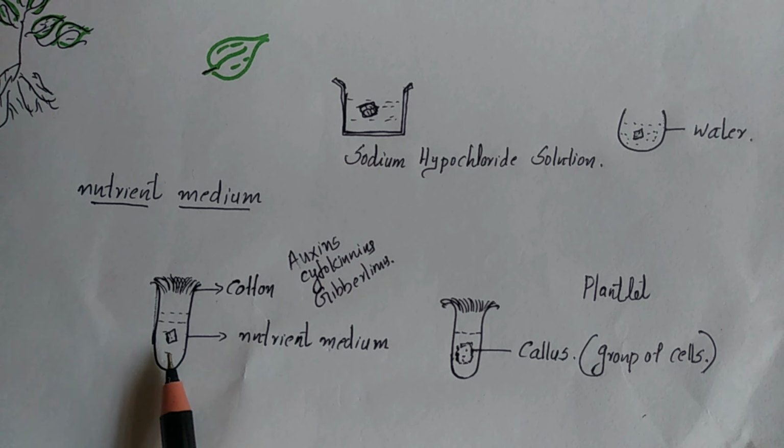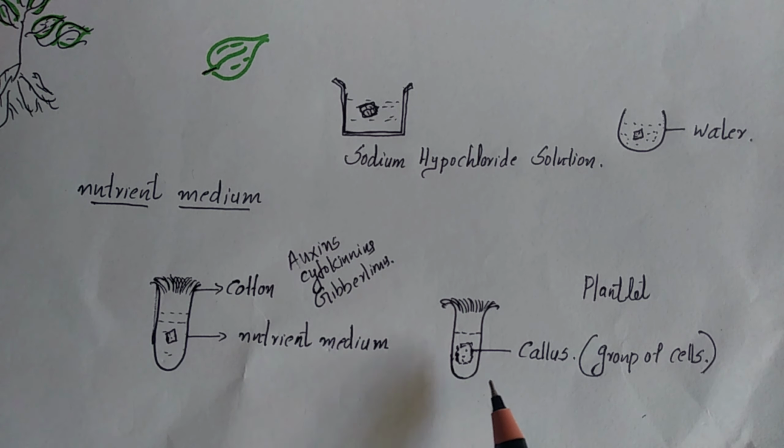It will result in the formation of a group of cells. Very quickly it will form a group of cells, and the entire process will take nearly 5 to 6 weeks. Then you can take out the entire cell mass. You can observe that the cells undergo rapid division and develop a group of cells, and the group of cells is called a callus.